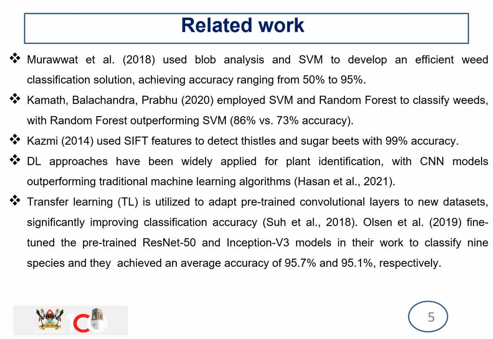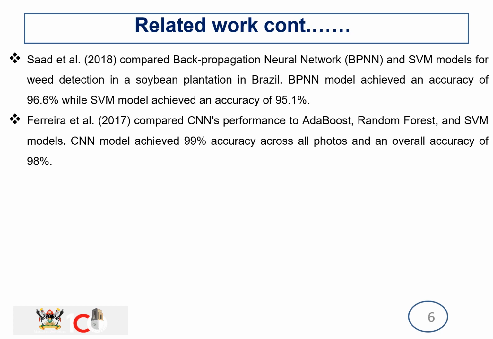Olsen in 2019 fine-tuned the pre-trained ResNet 50 and Inception V3 models in their work to classify 9 species, and they achieved accuracies of 95.7% and 95.1% respectively.